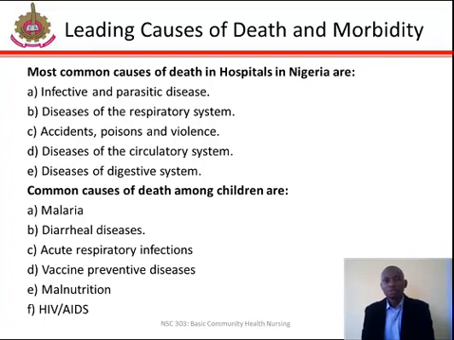In Nigeria, most common causes are infective and parasitic diseases, diseases of respiratory system, accidents, poisons and violence, diseases of circulatory system, and diseases of digestive system. Likewise, common causes of death among children are malaria, diarrheal diseases, acute respiratory infection, vaccine preventable diseases, malnutrition, and HIV/AIDS.